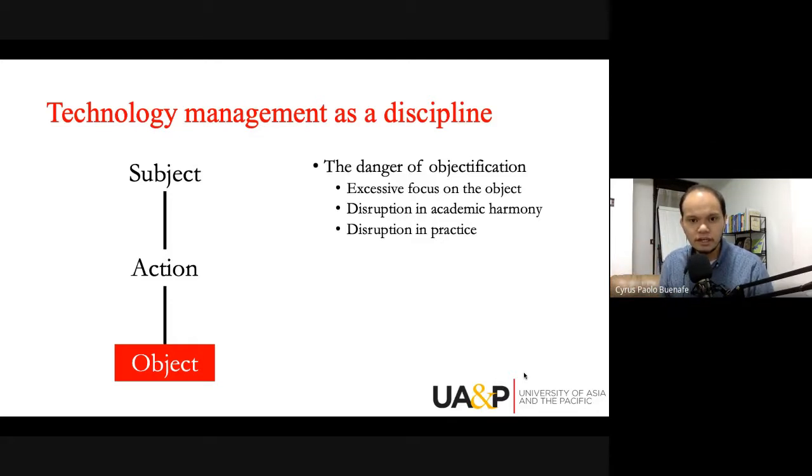Okay. And it could also mean disruption in practice because now, as you know, the object is the one who receives the action. If we take a look at just the object itself, we might even ignore the actions being done on those objects.